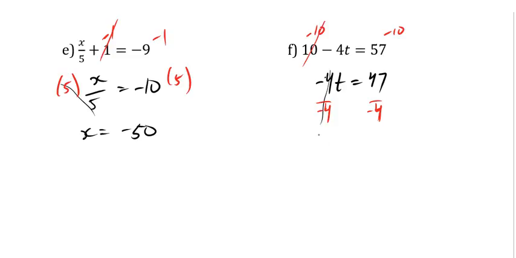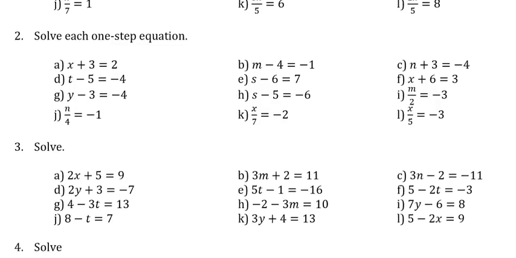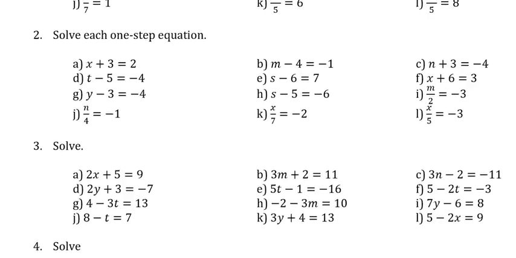So -47 divided by -4, t equals 11.75. So sometimes you might get a decimal. I don't know that very many of the ones in the work today work out that way, but it happens. Check your work. There's nothing wrong with a decimal answer. Okay? Any questions?